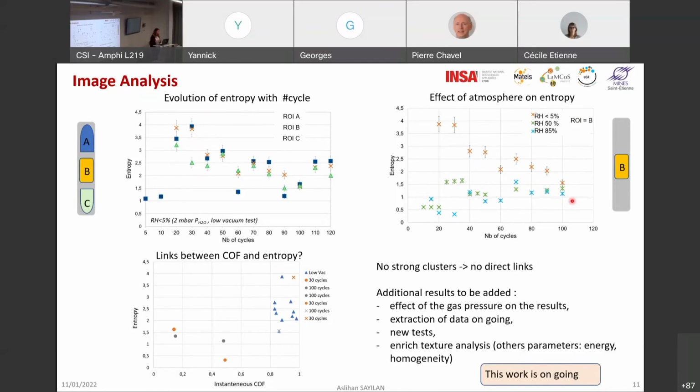So actually we are trying to improve this algorithm and understand it in more detail, because there could be some other parameters which are affecting it, like the gas pressure that we used inside the chamber, or the brightness, contrast, and bias that we modified when we were changing the pressure. So we are aiming to enhance it a bit more, and maybe we could also correlate it with other parameters like the local homogeneity or the energy, in addition to entropy.